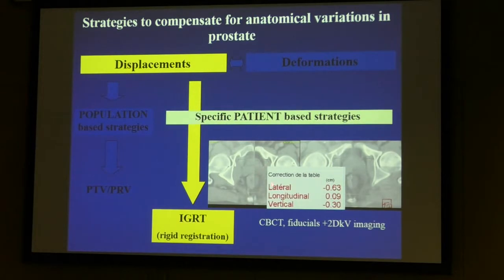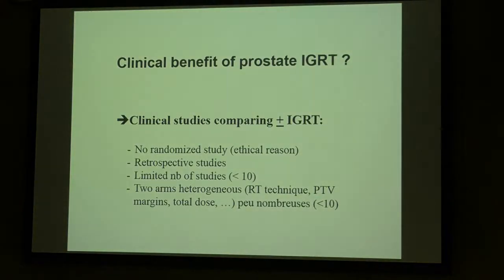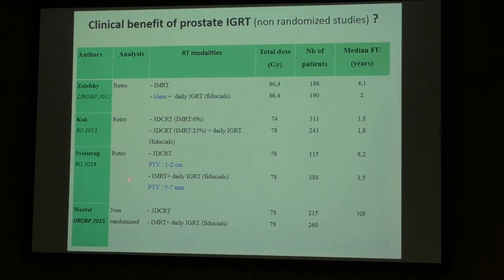Of course, the other way is to use IGRT. For prostate, this is mostly the use of CBCT. Looking at the literature, is there a real benefit of using IGRT in prostate radiation? The answer is yes, based on several studies, but without any randomized study. There are several papers comparing treatment without IGRT with treatment with IGRT.